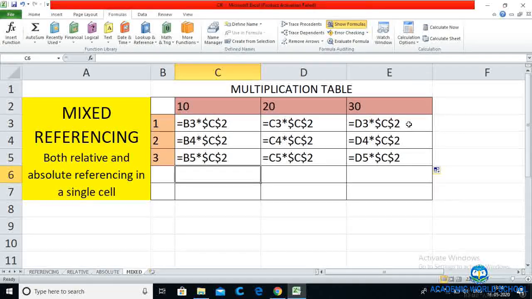So what to do? Any guess? We need to only remove the $ sign from here, the one that we have given in front of the column name. Simply we need to remove it. Enter. Look. What will happen if we copy this?